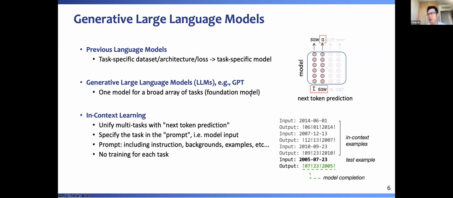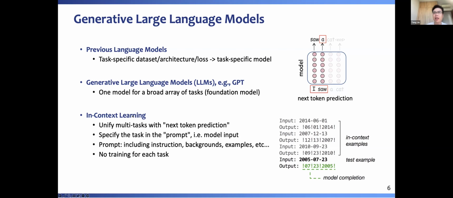This is what we call a foundation model. I think everyone here uses AI every day. We just specify the task in the prompt, and the model will solve the problem fast. We do not need to retrain the model for every task. So this is very good.